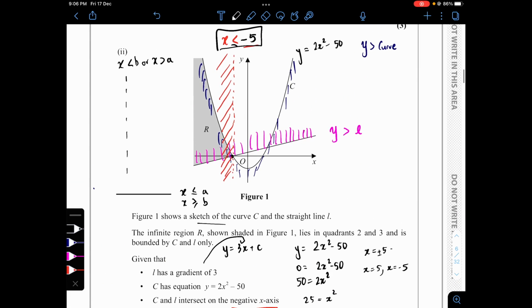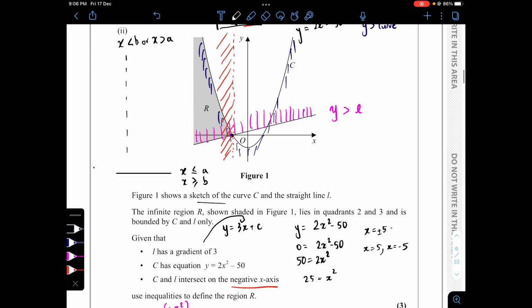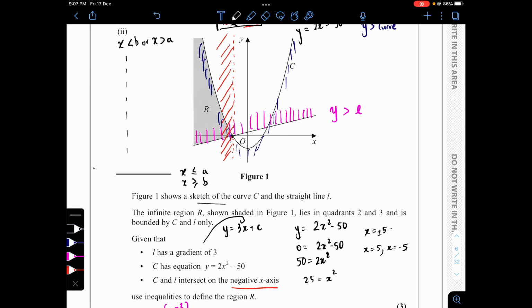Okay, so now we need to find what L is. We know that it intersects here, so that point is negative 5 and y is 0. And we already know that it has a gradient of 3. So using that, we can find the equation: y minus y1 equals m times x minus x1, and we use the point negative 5, 0.